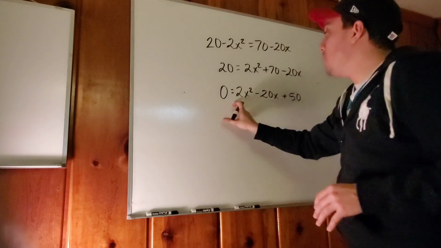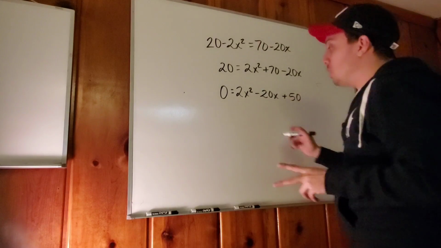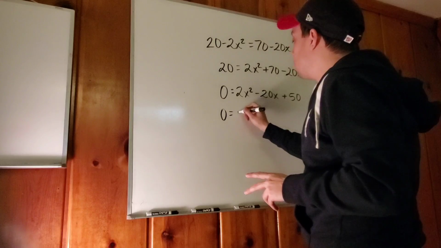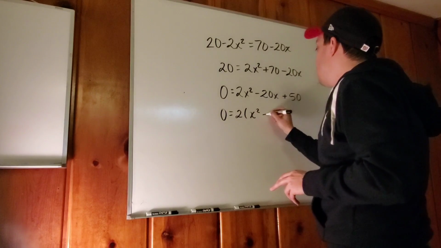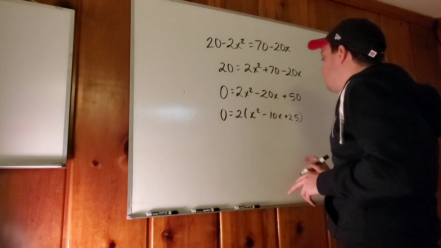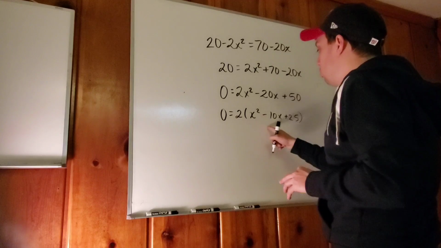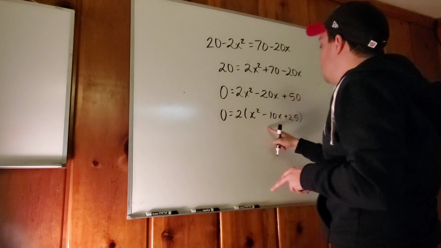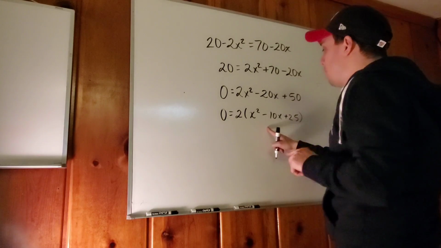All of these are divisible by 2, so we're going to divide 2 from all of these. And so it'd be x squared minus 10x plus 25. This is going to be really easy because I already know it's going to be x minus 5, x minus 5.